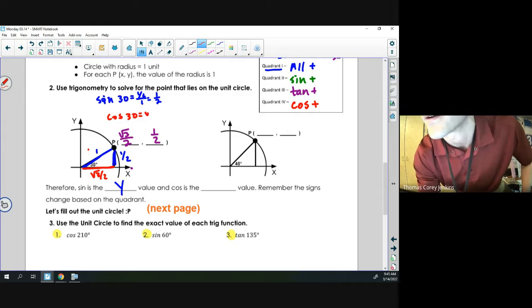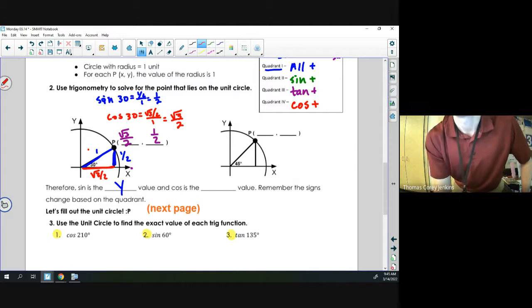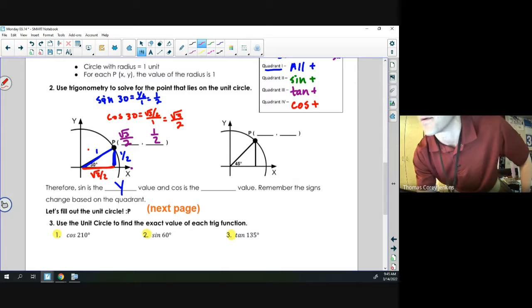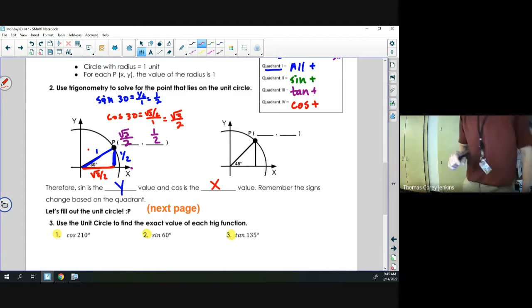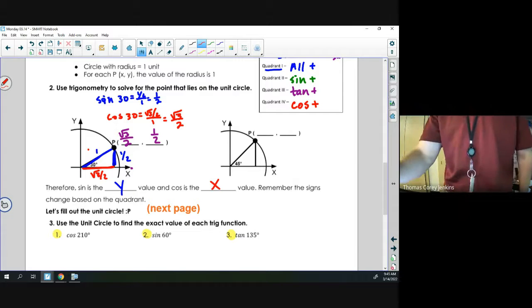So square root of 3 over 2 over 1 is just square root of 3 over 2. And so cosine, when we're using the unit circle, is always going to be your x value. And we're going to add to this as well. What about tangent? What would that be?